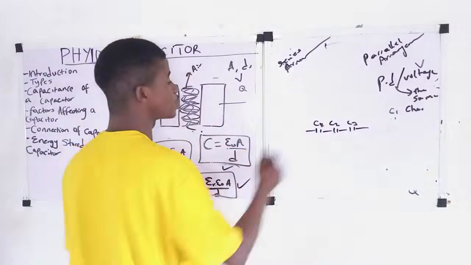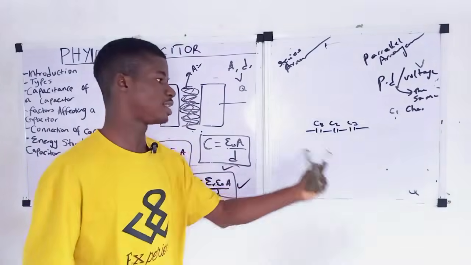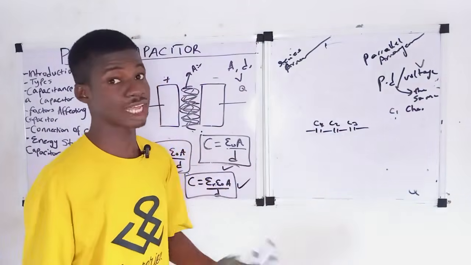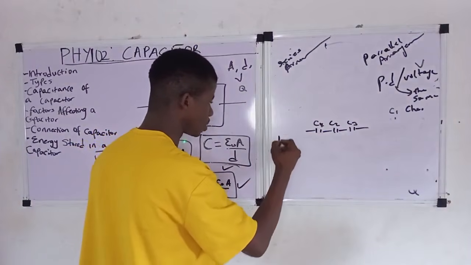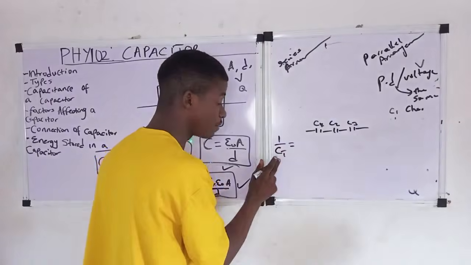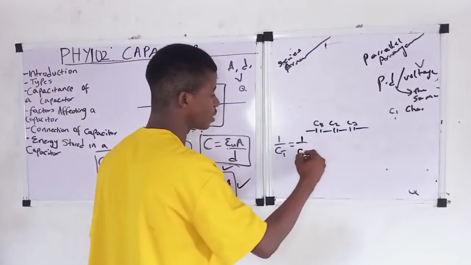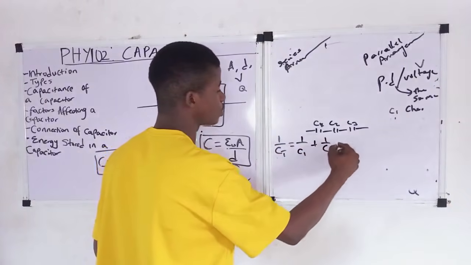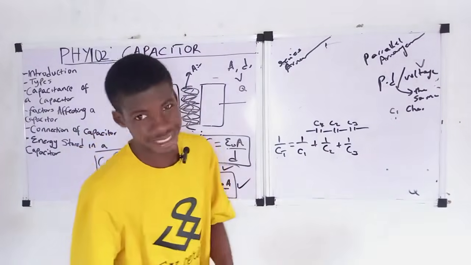If they ask you to calculate the total capacitance of the three capacitors, we use this formula. In series, we use something like this: 1 over the total, is equal to 1 over C1 plus 1 over C2 plus 1 over C3. So this is for series arrangement.